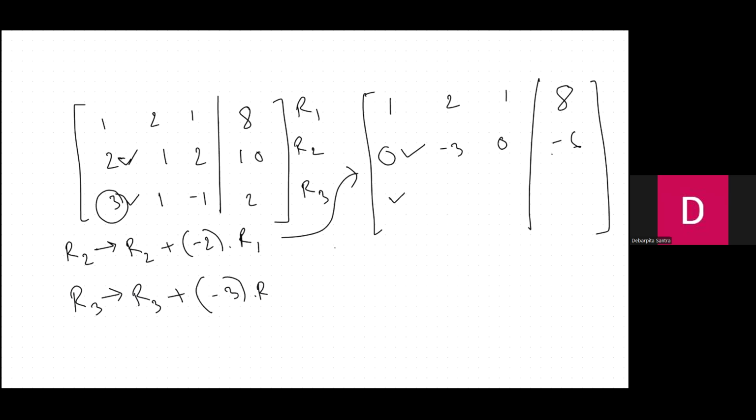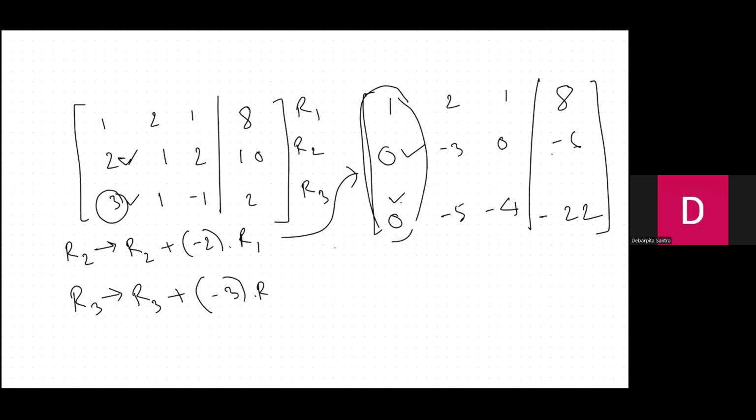And what will be the value? This is 2 plus minus 3 into 8. So minus 24 plus 2, that means minus 22. Let me write down properly. It is minus 22. Now you see that our first column is complete.